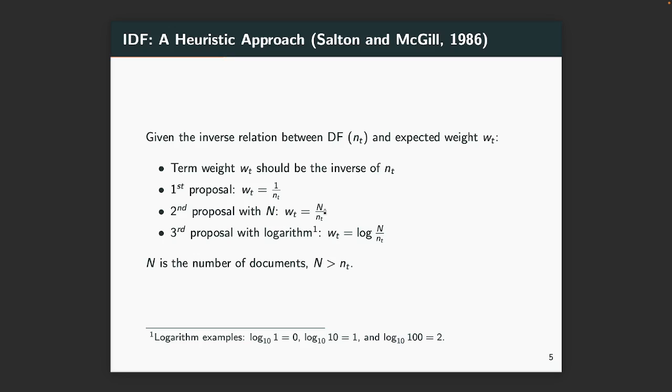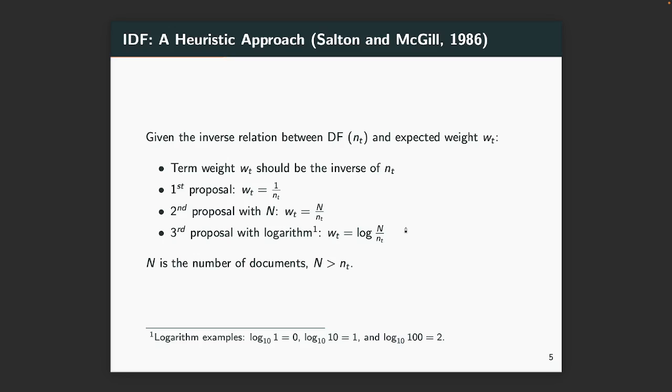So this solved the problem of the first proposal. Things look better, but there's still one more issue here. Think about this. Going back to our example of the Maid of Orleans, the word "the" is going to appear in every single document or page.